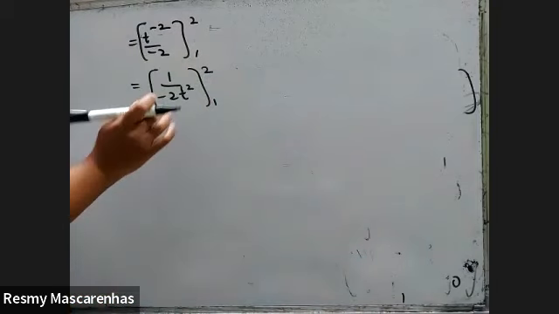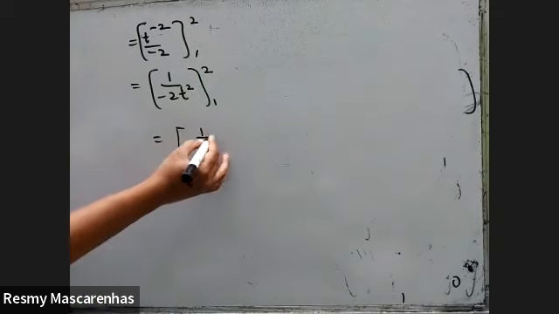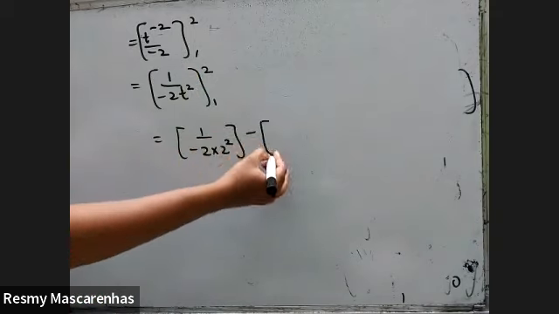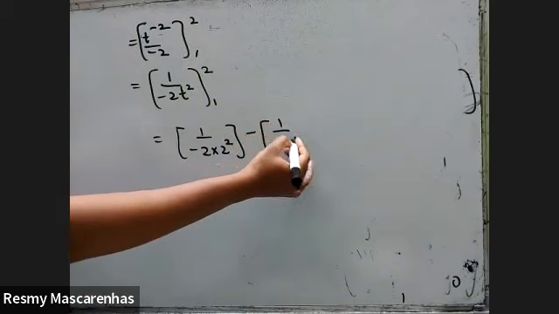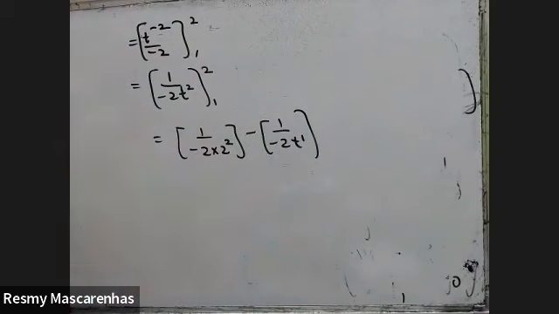Now substitute the higher limit. Wherever there is t, we have to put 2. And then wherever there is t, put 1. Middle sign is always minus: higher limit minus the lower limit.